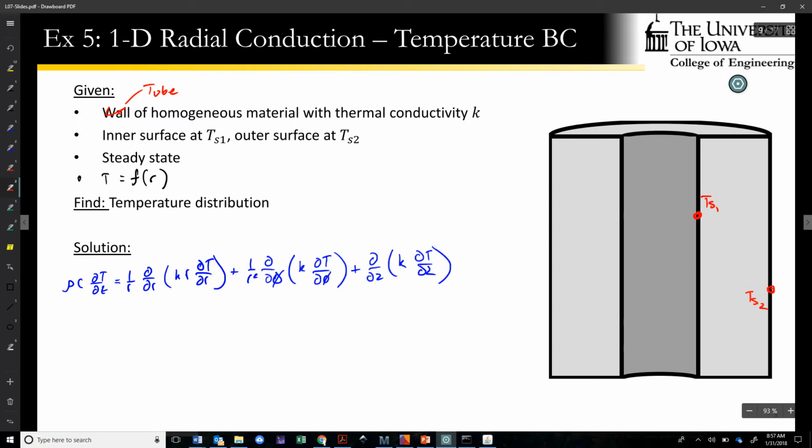So going through our assumptions, first off, we'll say it's steady state, so we can cancel that term on the left. If T is only a function of r, then all our derivatives that are not with respect to r go away.